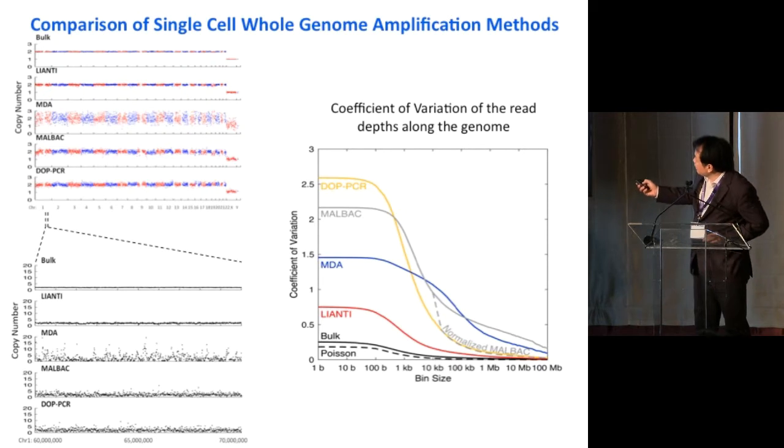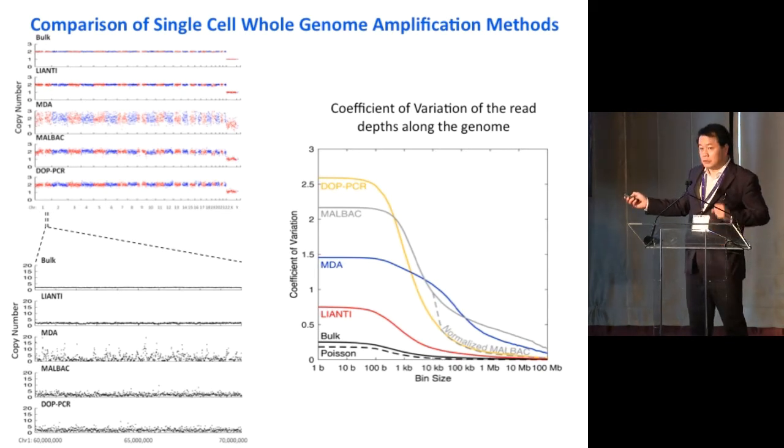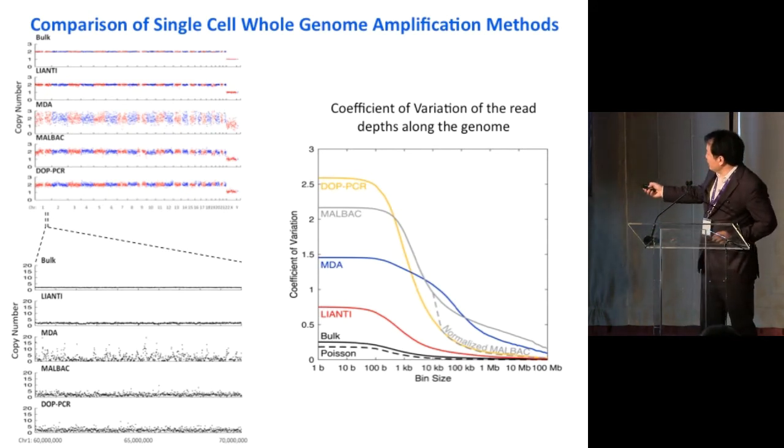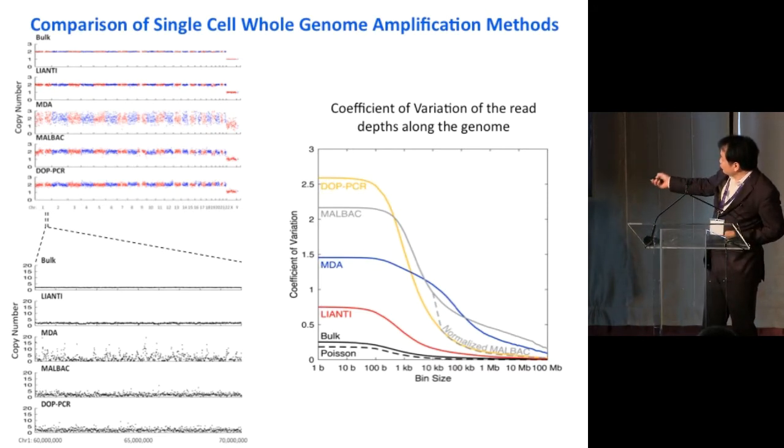So here's the raw data comparing MDA, MALBAC, and DOP-PCR. You see MDA is noisy because this variation along the genome is not reproducible from cell to cell. Now, MALBAC, if you normalize, because the sequence dependence is reproducible along the genome, once you normalize, it's better.